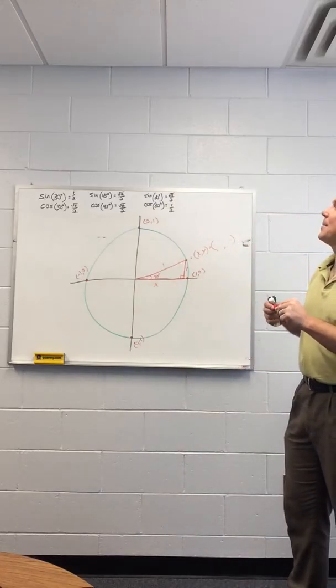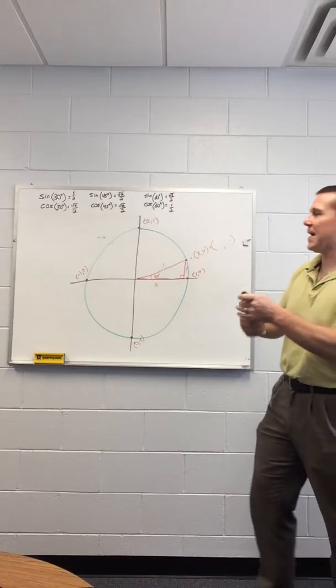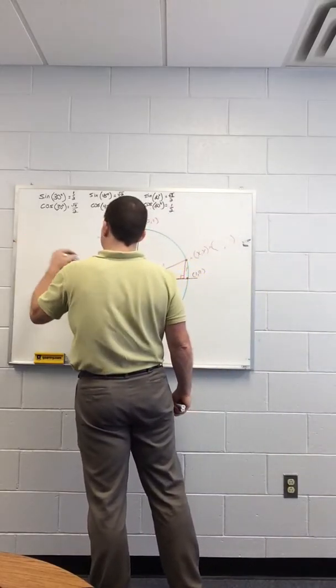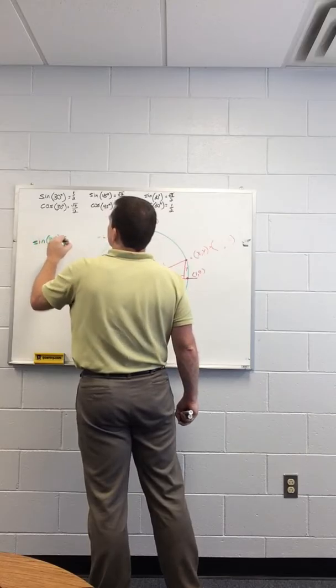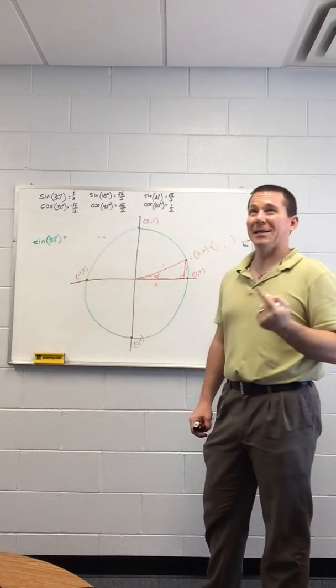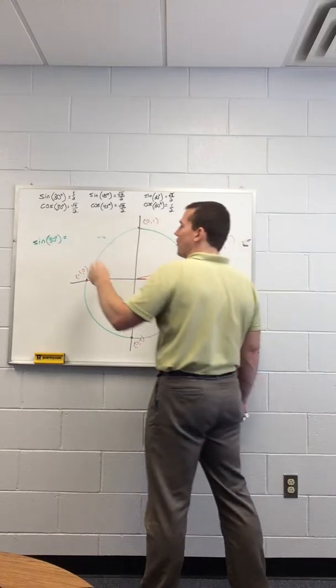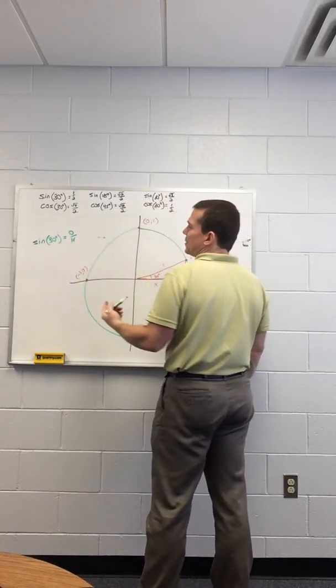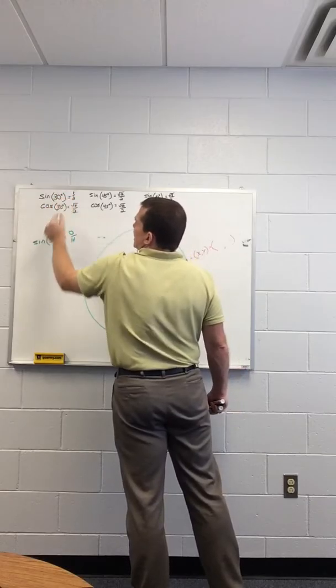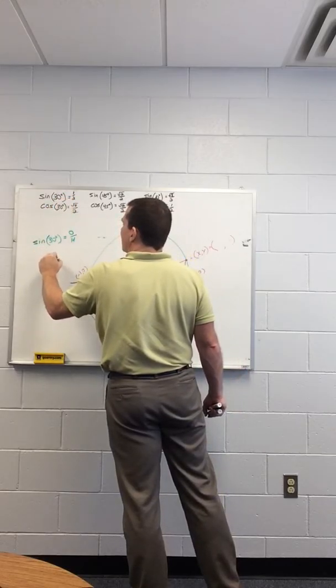Now I can just apply my trigonometric ratios that I have written up there. That's a 30-degree angle. So say I want to find sine of 30 degrees. We know from our triangles, sine is opposite over hypotenuse. So now I just substitute in. I know by definition sine of 30 degrees is 1/2.